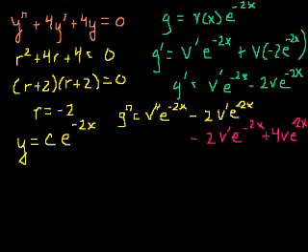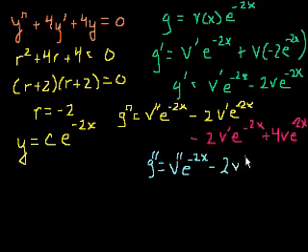So the second derivative of g, which is our guess solution, is equal to v prime prime e to the minus 2x minus 4 v prime e to the minus 2x plus 4 v e to the minus 2x.